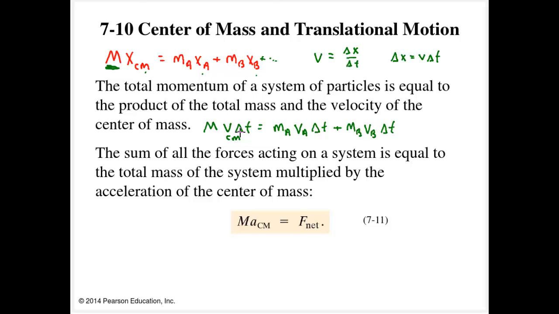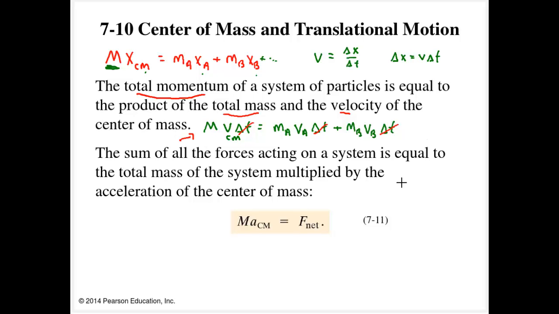And lo and behold, these changes in time go away. So I've essentially written the total momentum of the system as the total mass of the system times the velocity of the center of mass.